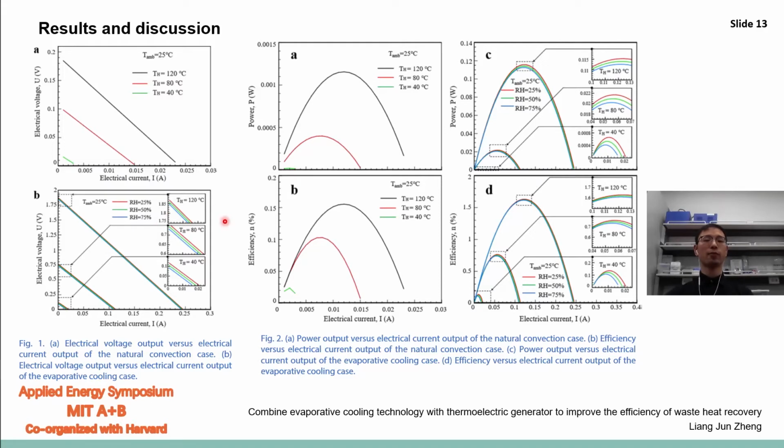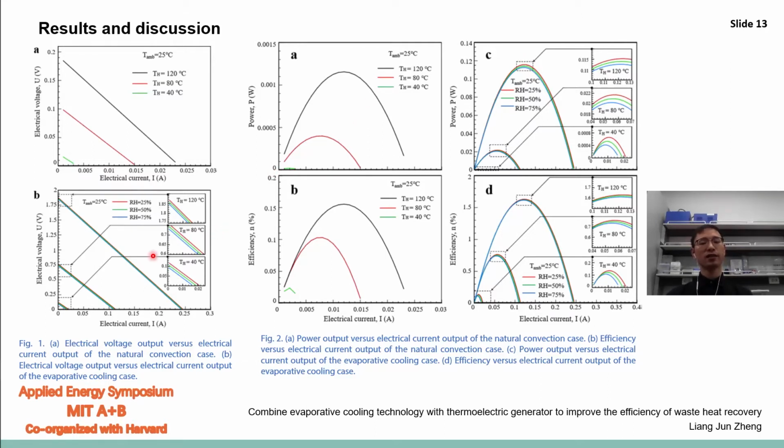By comparing the natural convection case and the evaporative cooling case, we find that as the hot side temperature increases, the output voltage, output power, and output efficiency all increase. This is also true in the evaporative cooling case, but the evaporative cooling case has much better performance than the natural convection case.